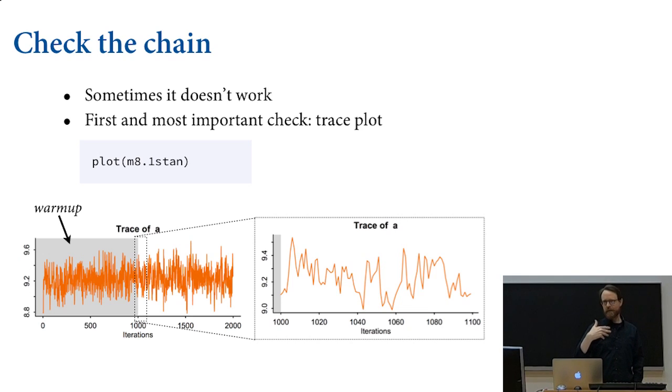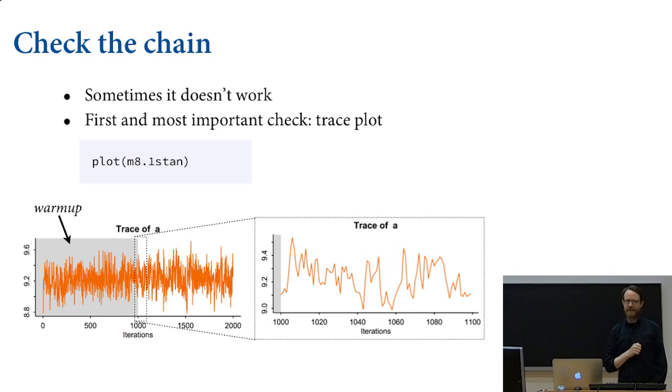That means it explores the target distribution efficiently. What that manifests as in the trace plot is what I call the hairy caterpillar that you see on the left, or white noise. And it's stationary. It finds the target distribution and it stays there, and it rapidly zigzags back and forth. That's what you want to see.